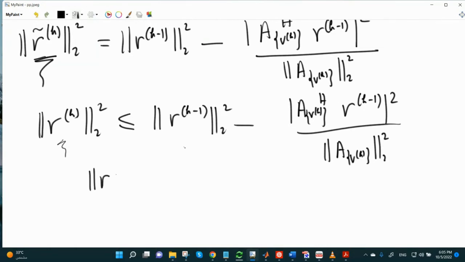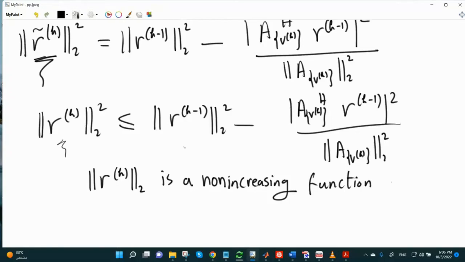So this L2 norm is a non-increasing function of K. This is good news, but it is not enough because it can be a non-increasing function, but converge to a value that is not small enough.